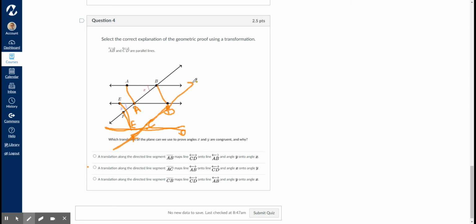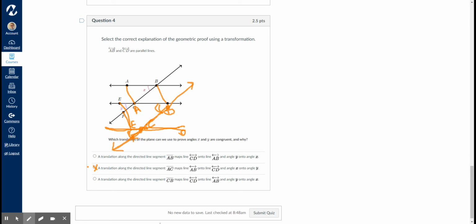I'm really bad at drawing, friends. I'm so sorry. All right, so that's taken angle Y to here, angle X to here. That doesn't really help us much at all. So I don't think this one can be the right answer. We really want X or Y to land on top of the other angle.